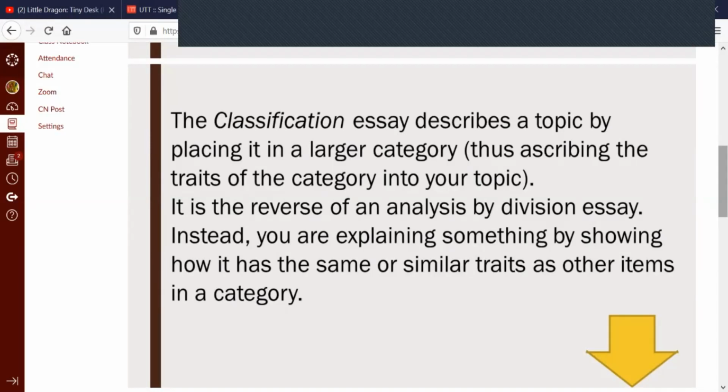So you're taking an individual topic and putting it in a larger category, and the traits of that larger category help you explain your specific topic. So you can think of it as the reverse of an analysis by division essay, where we take one large topic and break it down into smaller parts. Here, we take a smaller topic and put it into a larger category.